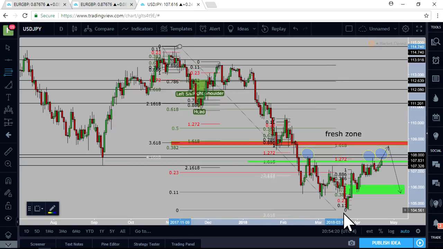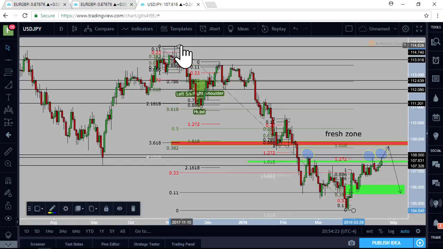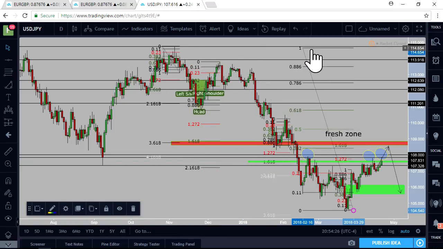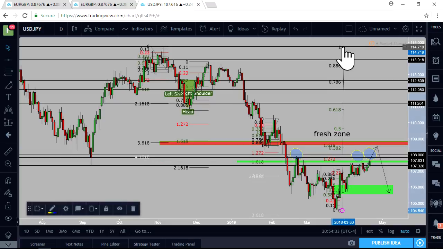Now, I can do this also and measure the entire move from the high all the way down to the low and ask myself, where is my 618? So from the high all the way down to the low, perfect. Guys, you know I love a clean chart, so I would never stretch this out all the way across like that.